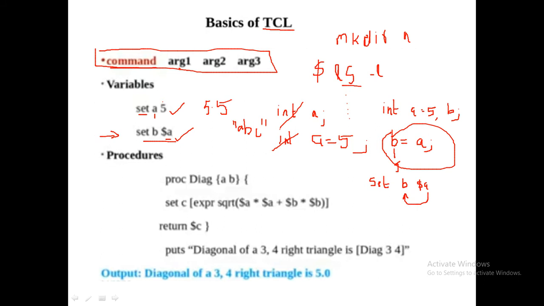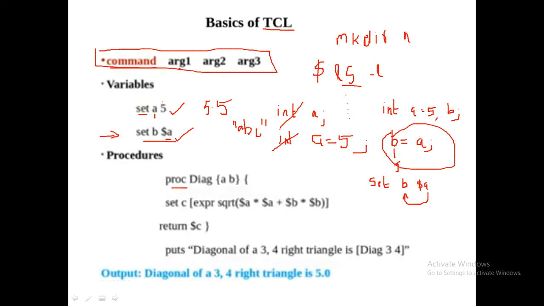So next, another important thing in TCL is procedures. Like in other programming languages where we call functions, here we call it a procedure. Now the basic syntax for the procedure is as follows. The procedure takes the command proc. It is just like writing a function. Proc means you are going to create one procedure.